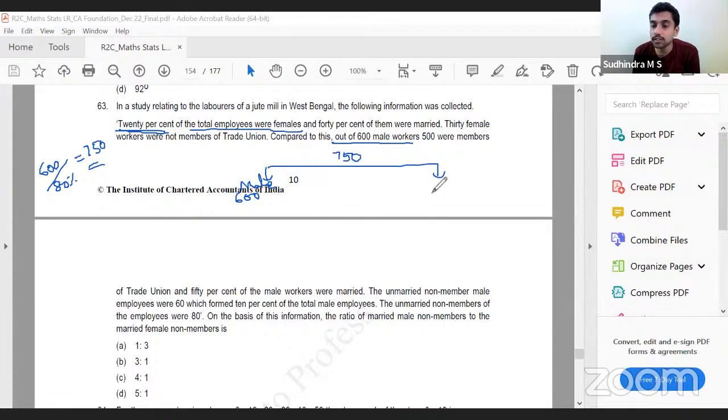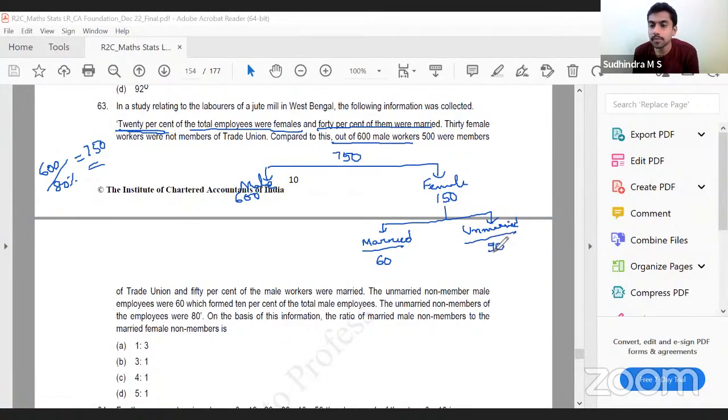Correct? 750 is total. In that, female will be 150. Everyone understood this concept? Right? 40% of them were married. So out of 150, 40% were married. So 150 into 40%? 60.